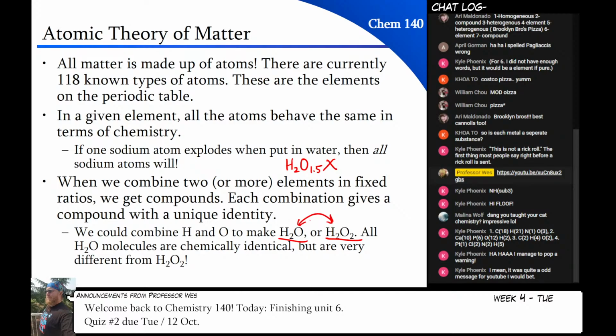Now, these two things are very different. If you drink water, it's refreshing and healthy for you. But if you drink H2O2, you will die. And I don't have the sound effect queued for it, unfortunately. And the reason for that is H2O2 is extremely reactive.